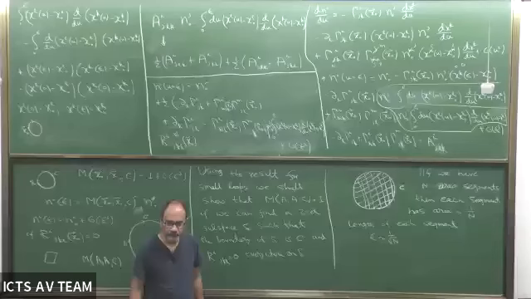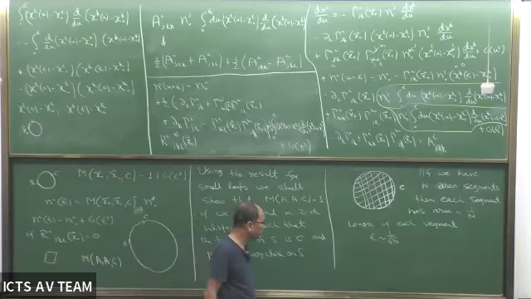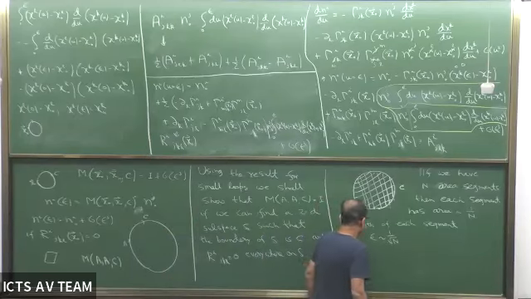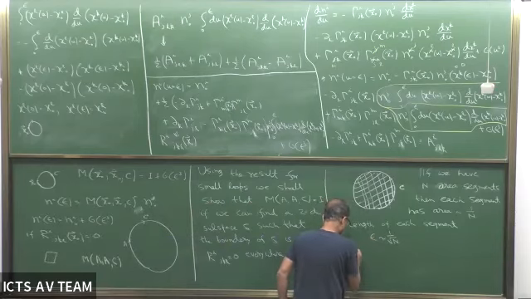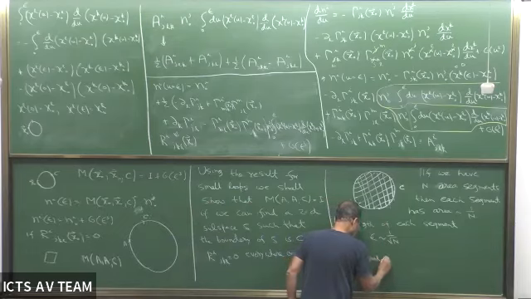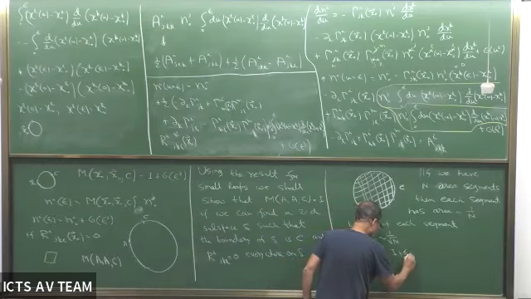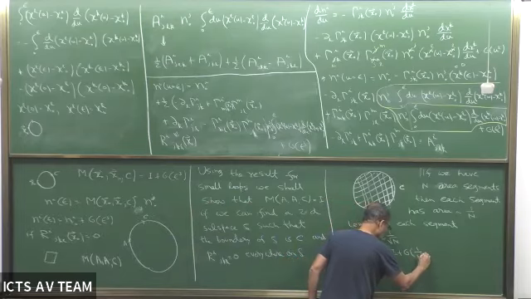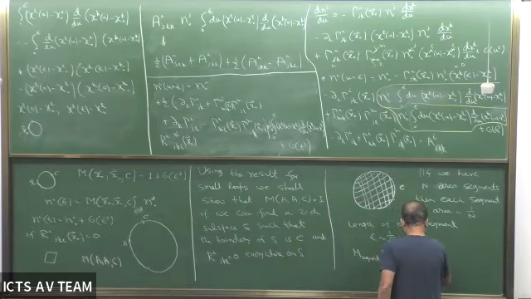So m for each segment will be identity plus order 1 over n to the 3/2. This is order epsilon cube.